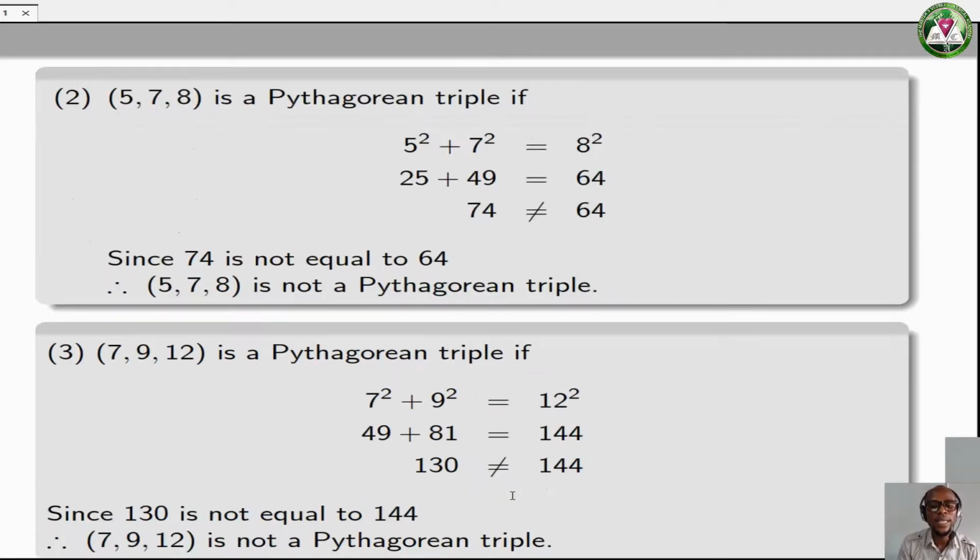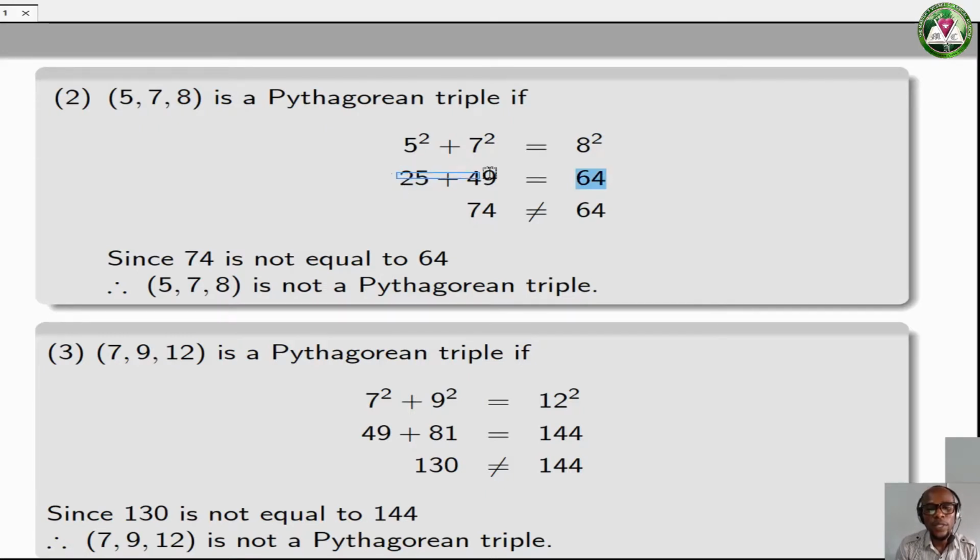Let's look at the next example. We have 5, 7, and 8, 5 being our opposite, 7 as our adjacent, and 8 as our hypotenuse. Let's put it in this form in our Pythagoras theorem. We have the square of 5 plus the square of 7, equating it to the square of the hypotenuse, which is 8. So 5 squared is 25, 7 squared is 49, and 8 squared is 64.